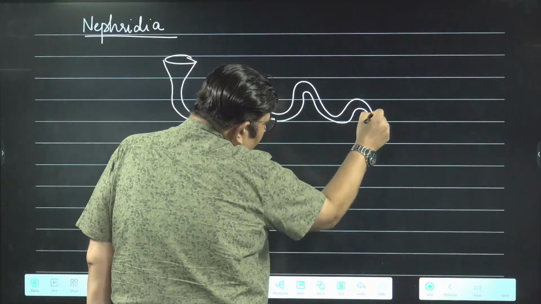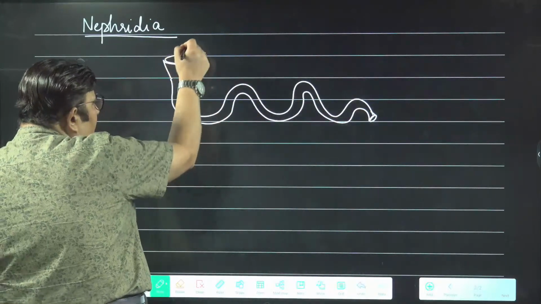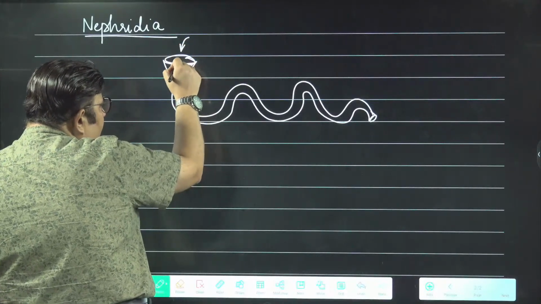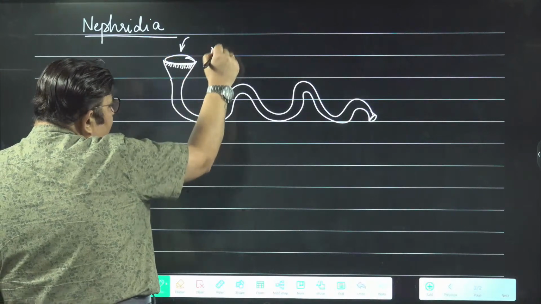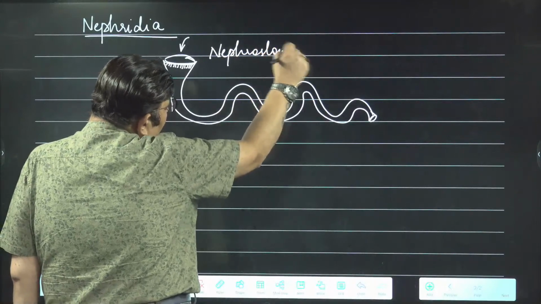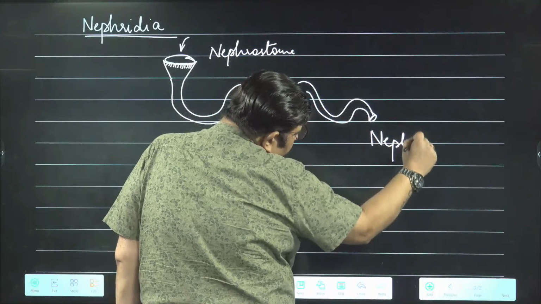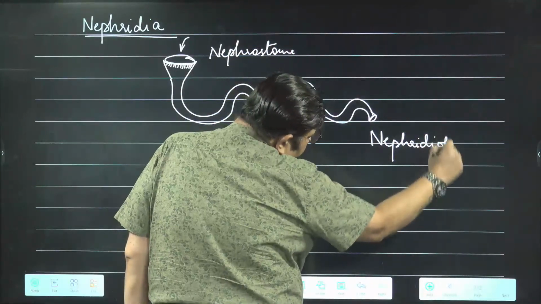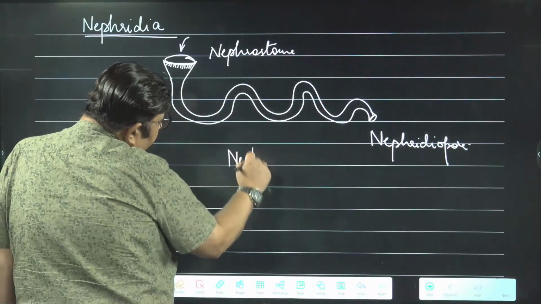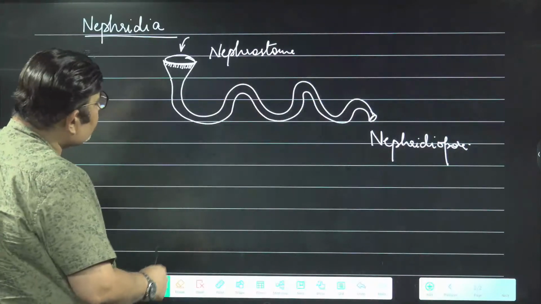There is an opening called the nephridiopore, and there is an opening here for the coelomic fluid to enter inside, called the nephrostome. This is a nephridium. Nephridia is plural, nephridium is singular.